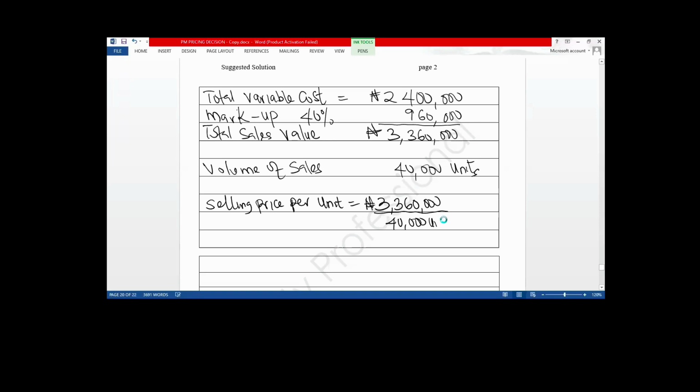What do you have, please? 84 naira. That means if the company decides to use the marginal cost plus pricing method, then the company selling price will be 84 naira.